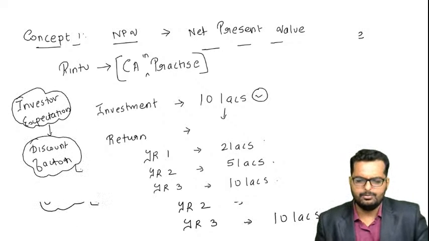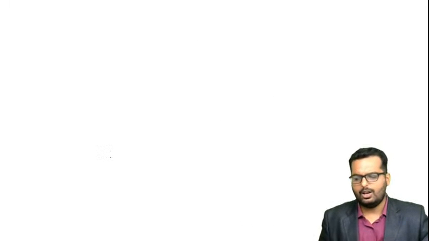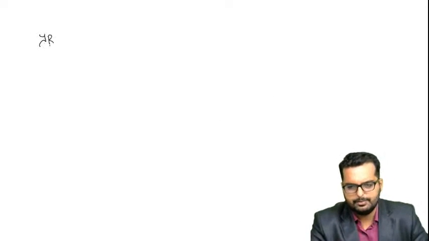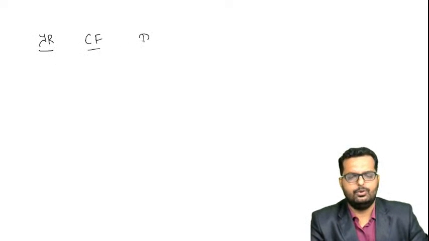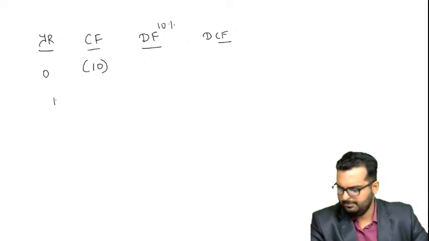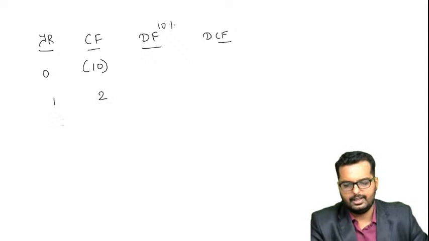So here let us assume the discount factor is turning out to be 10%. Okay. So we can now find out whether they are going to be happy or sad. Cash flow, discount factor 10%, discounted cash flow. Year 0, minus 10 lakh is invested. Okay. Year 1, 2 lakh is the inflow that he is getting.